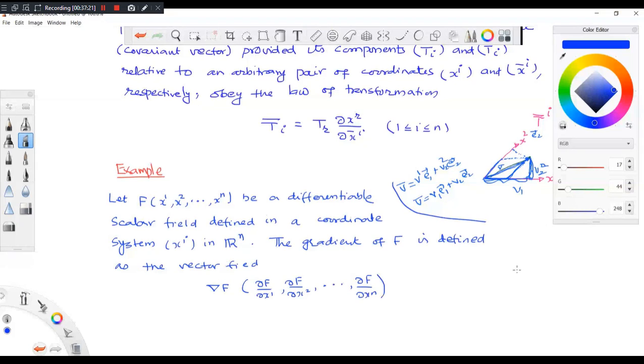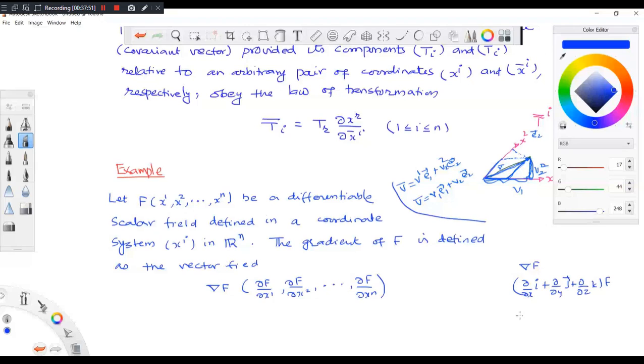I just tell you, you have studied del f. How did you write del f? You write del as del by del x into i, plus del by del y into j, plus del by del z into k. So you operate this on f. What will you get?